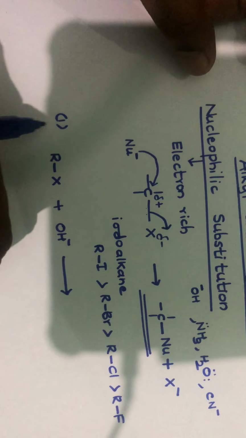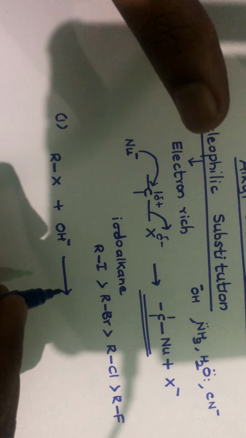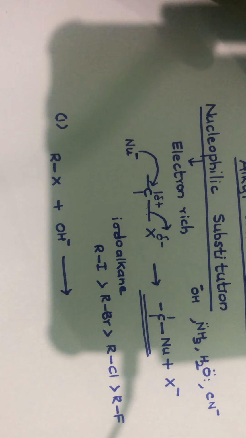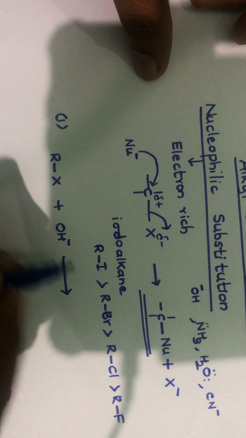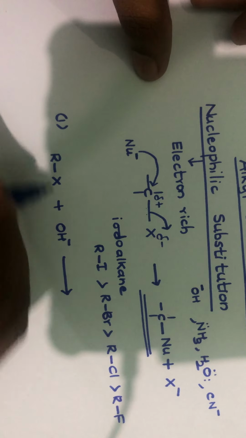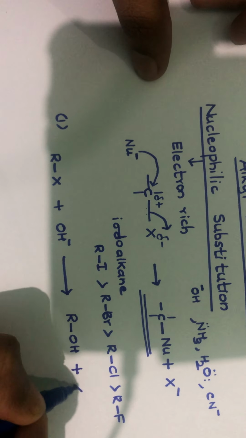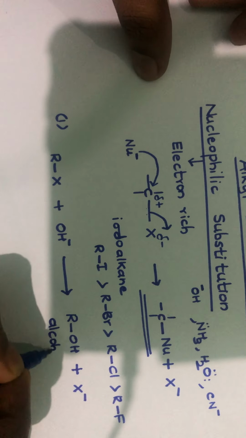So when alkyl halides are treated with aqueous KOH or moist silver oxide, which is nothing but silver hydroxide, AgOH, the OH minus attacks, resulting in the formation of ROH plus X minus. So generally alcohols are formed.